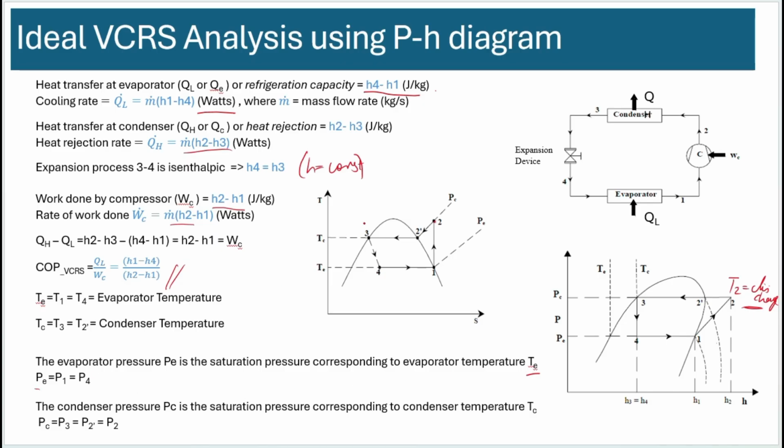Okay, so you already know what saturation pressure is. So the pressure here is related to the temperature here, TC. Okay, they are saturation pressures and temperatures because they are inside the vapor dome, right? So the pressure and temperature are a function of each other. And the same thing goes for both the pressures, the evaporator and the condenser pressure.